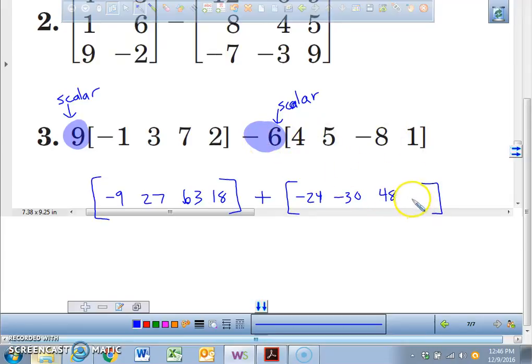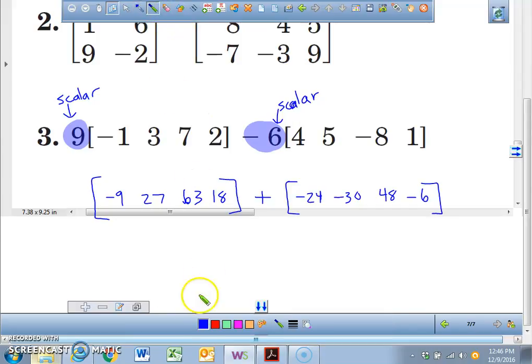And -6 times 1 is a -6. So what I like to do is I like to scale everything up. If there's a negative, I kind of multiply that negative into it, so I don't have to do it twice. Now, at this point, you are going to once again do what? Add the elements together that are in the exact same position.